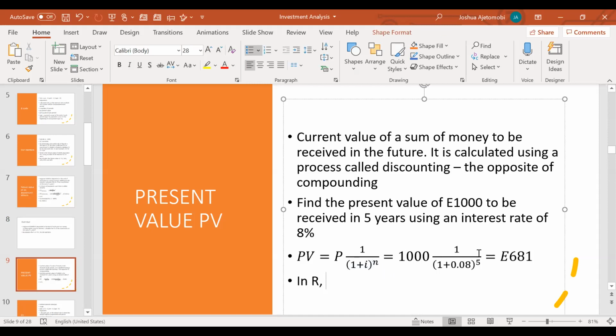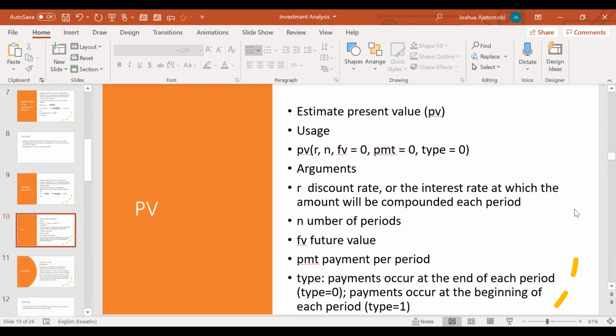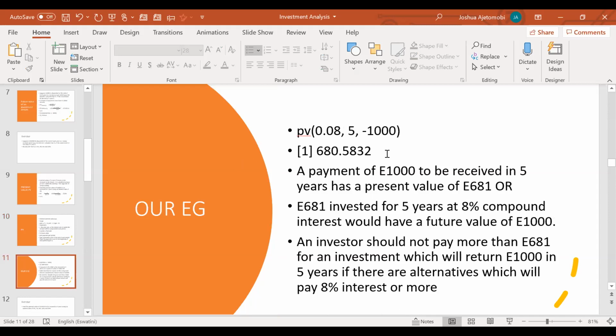That gives 681 Emalangeni if you do it manually. And if you want to use R, it's PV, just like before. The only difference is that instead of using FV, you are now using PV.